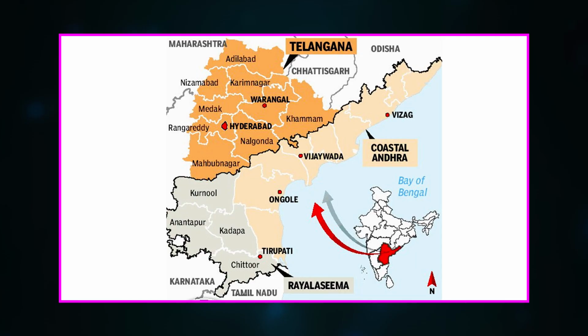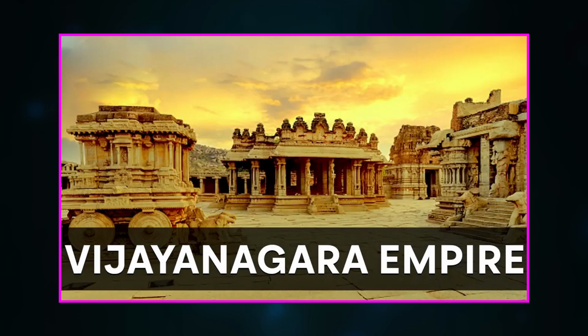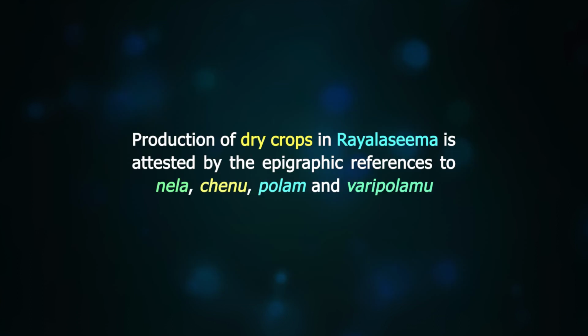Though the process of reclamation also continued in the Rayalaseema districts like Kudappa, Kurnool, and Chittor, the region as a whole lagged and did not open to agriculture on a considerable scale before the Vijayanagara period. Production of dry crops in Rayalaseema is attested by the epigraphic references to Nila, Chinu, Polam, and Variapolam.